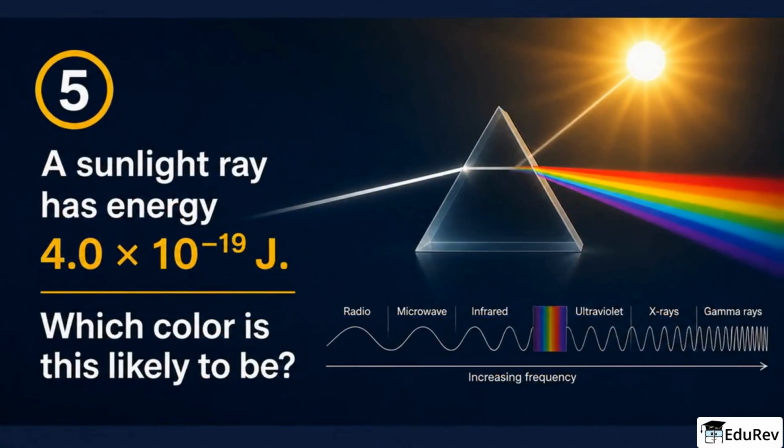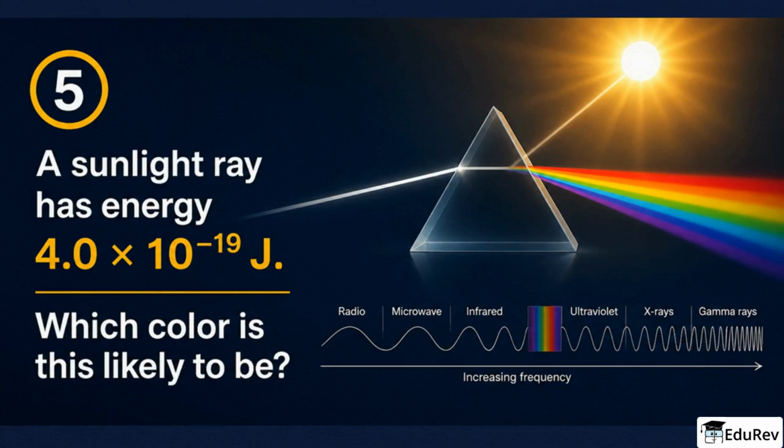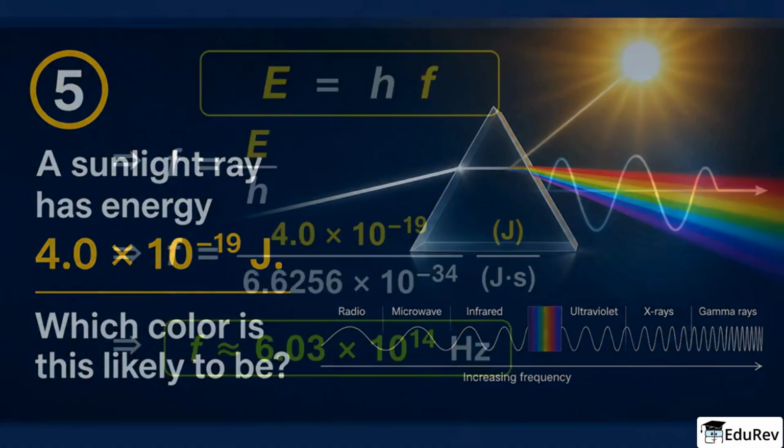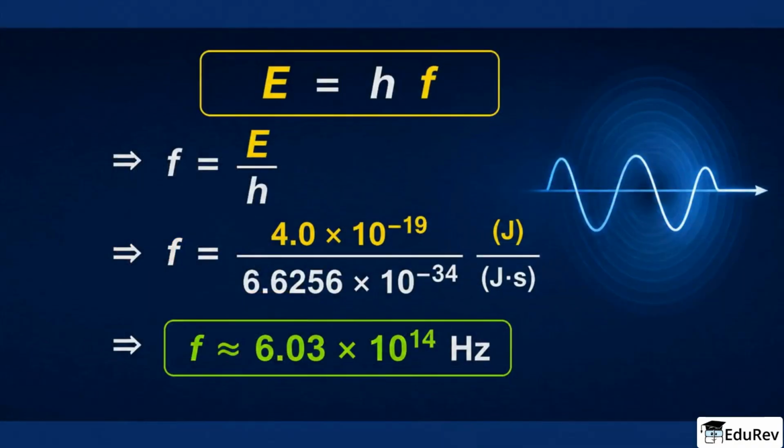Question number 5 asks, a sunlight ray produces a color that registers energy 4.0 times 10 to the minus 19 joules. Which color is this likely to be? Use E equals h times f and solve for frequency. f equals E divided by h equals 4.0 times 10 to the minus 19 divided by 6.6256 times 10 to the minus 34, which gives approximately 6.03 times 10 to the 14 Hz.